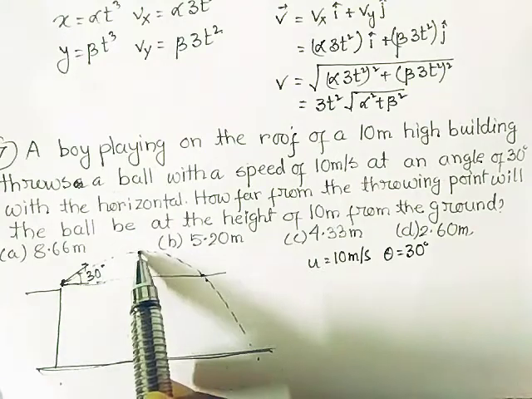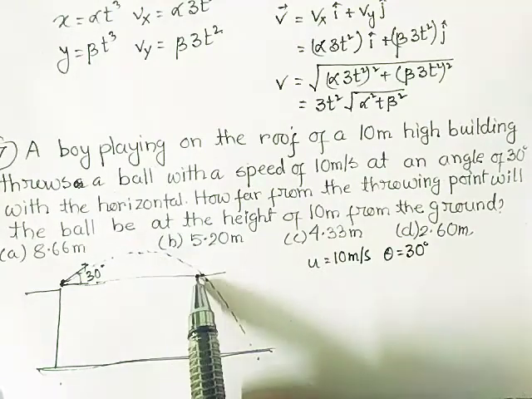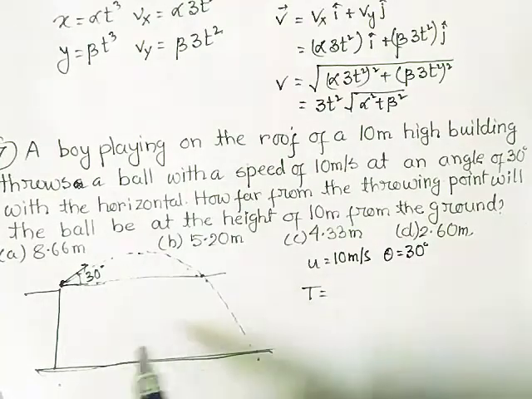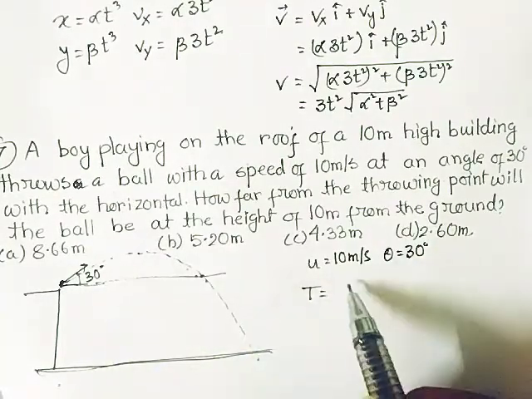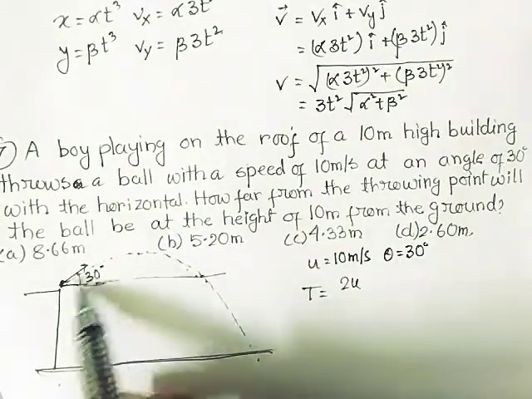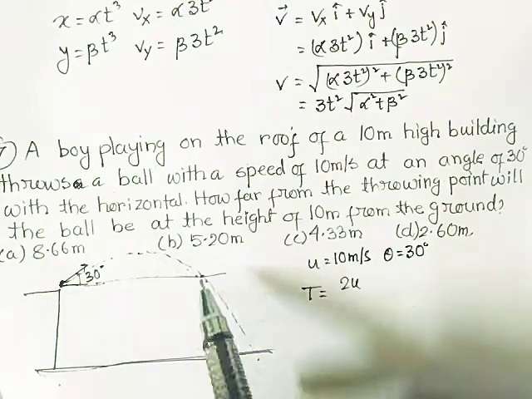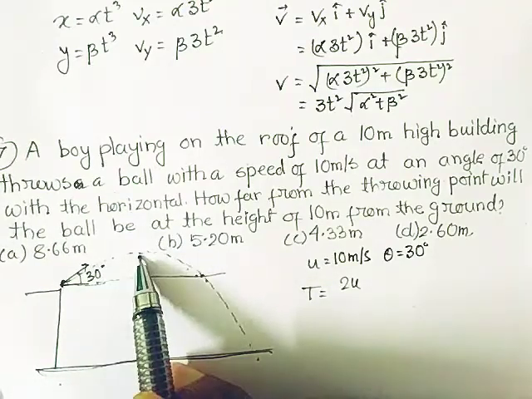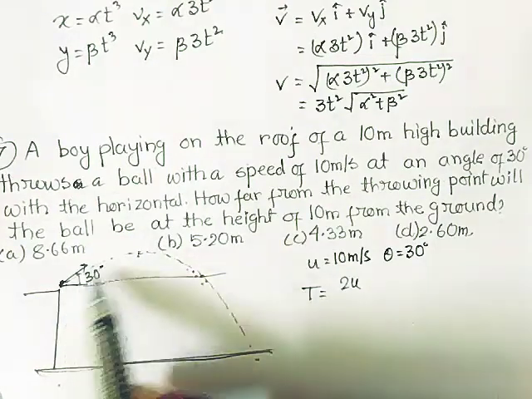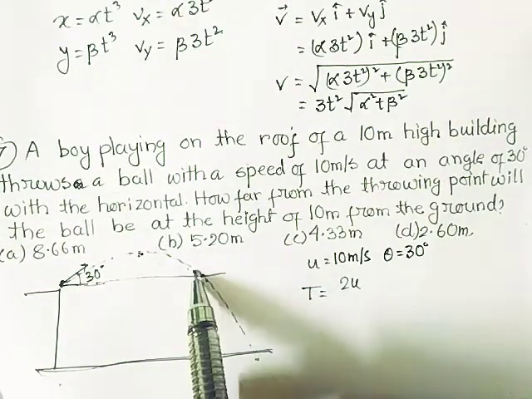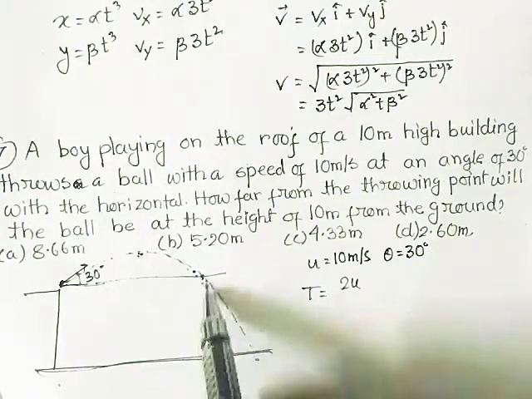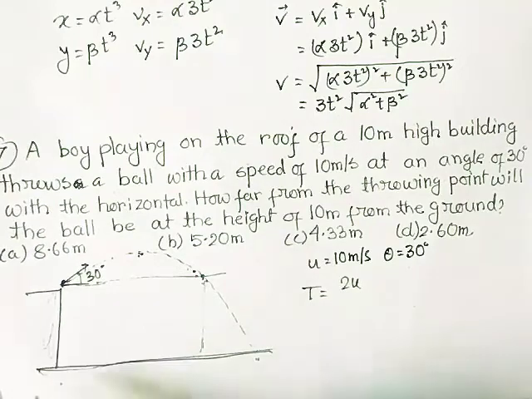From here to here it is u sin theta by g, and it is again u sin theta by g. The question is when it again reaches this 10 meter level, the same level from which it is thrown.